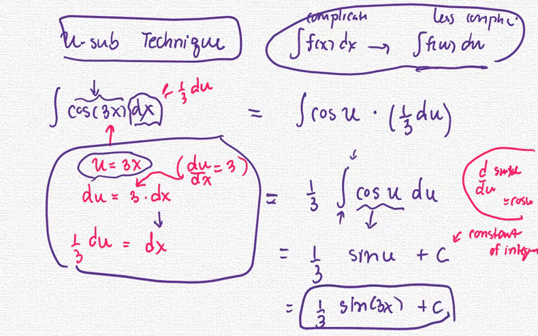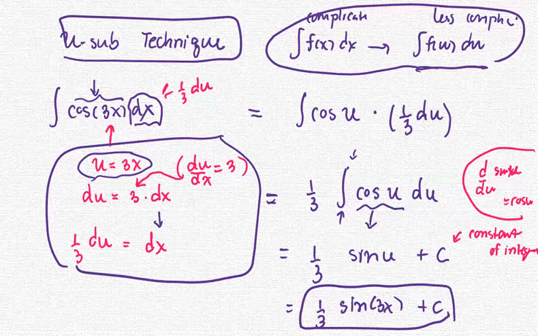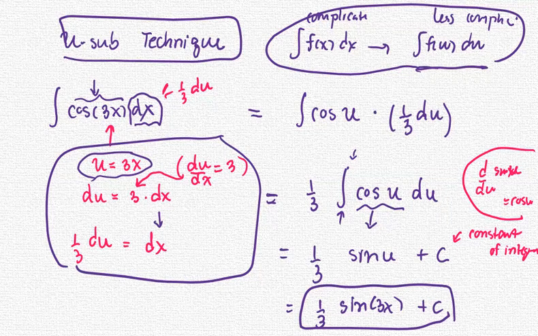So as you see the flow of the problem, the beginning part introduces the variable u to replace typically the inner function. As you see, the composite function appears in the problem, which is cosine of 3x. Inside is the inner function, let it be u, and then find the differential du.